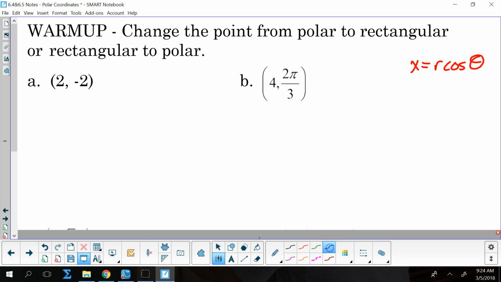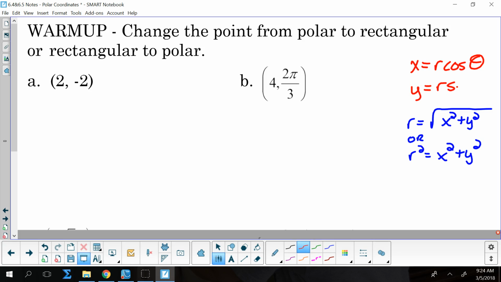Or r equals the square root of x squared plus y squared. That's 2 of the tools. One more.